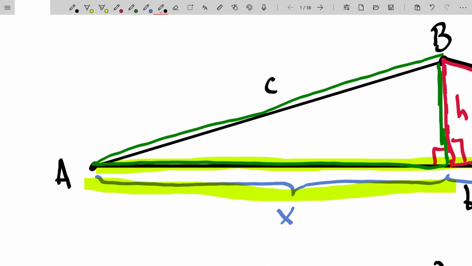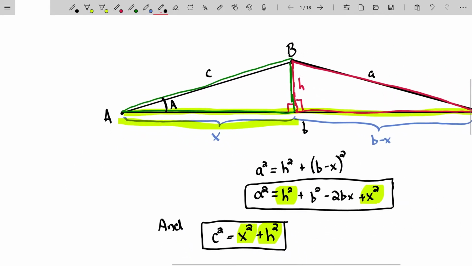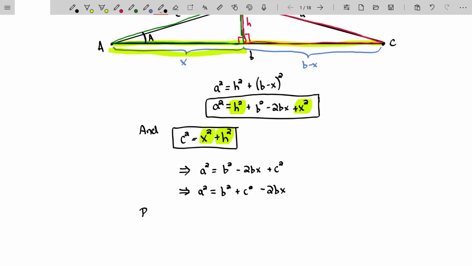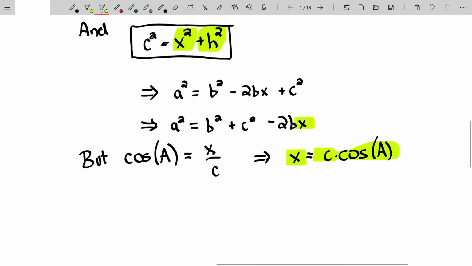If you take a look at this green triangle, remember this angle here is angle A. We could say the cosine of A is X over C. The cosine of angle A in that triangle is just the same thing as X over C. Or in other words, X is equal to C times the cosine of A. Well, let's go ahead and replace the X in this formula with this version of X right here, and we will be done at that point.